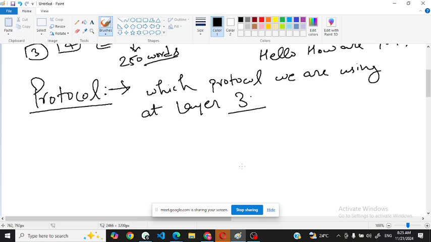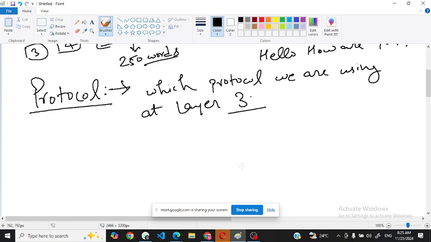Subhajit, would you like to explain about the IPv4 header? You have to explain version, header length, priority, and the other fields: total length, identification, and flags. Start, Subhajit.